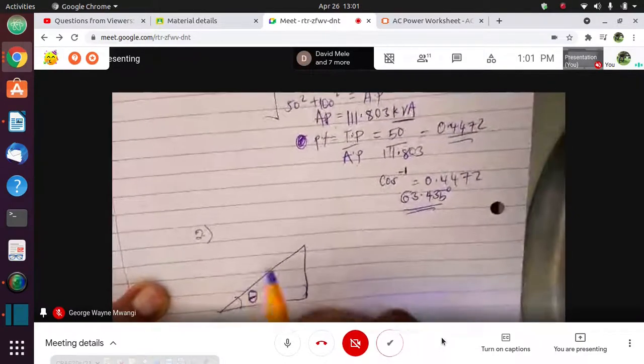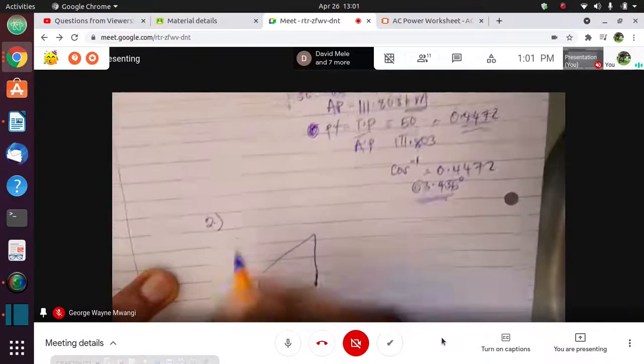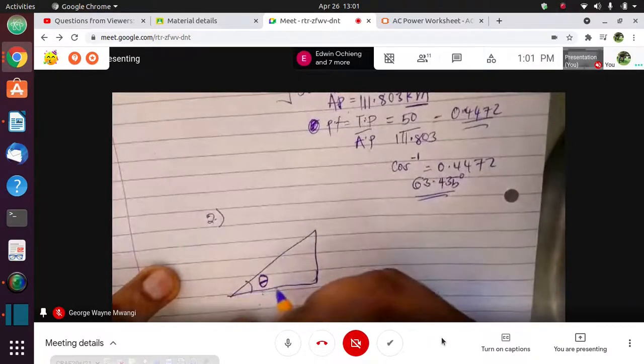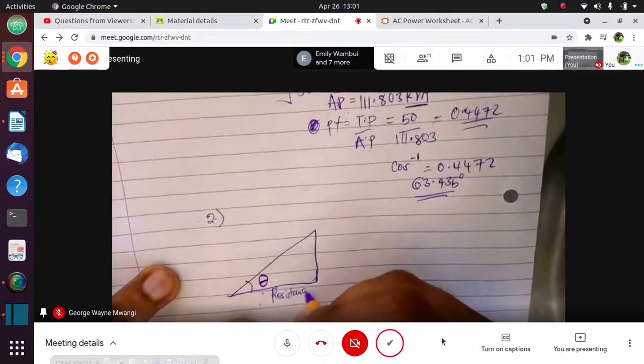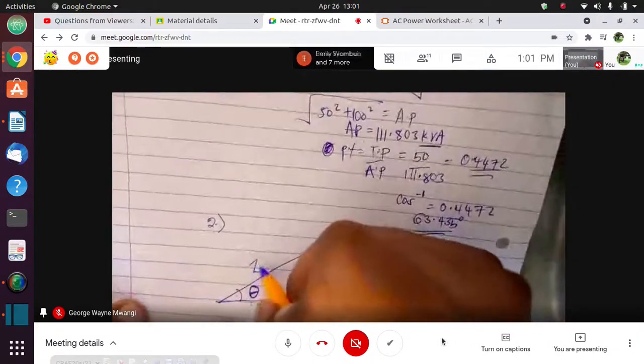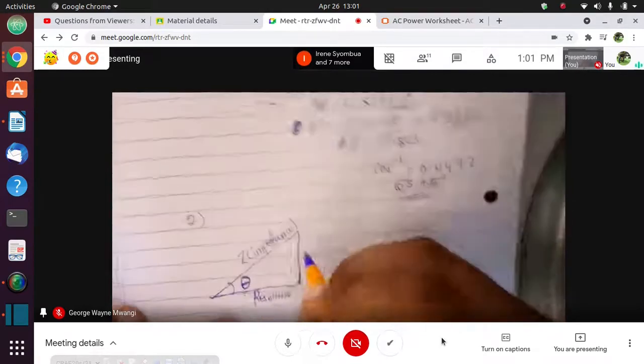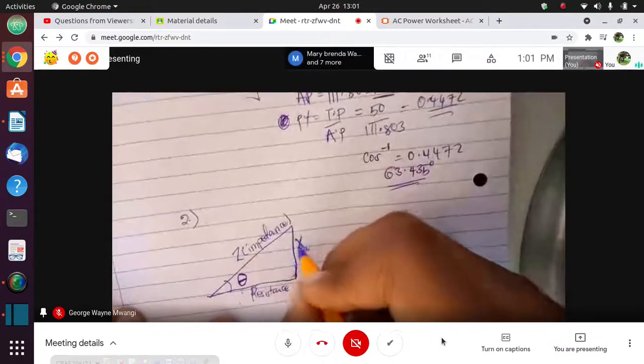But now it won't be true power. This will be resistance R, this will be impedance Z, and this will be XL or XC.